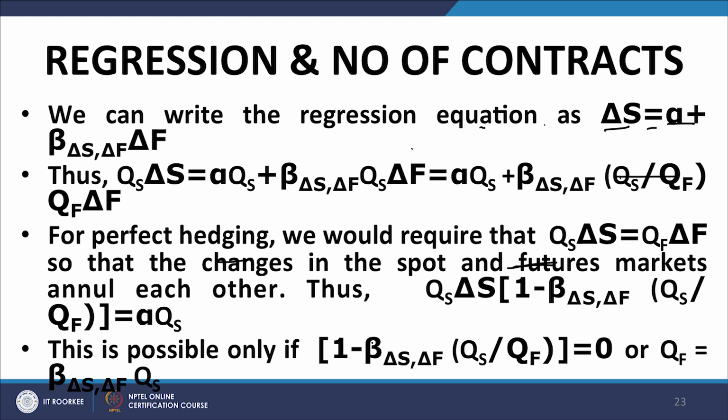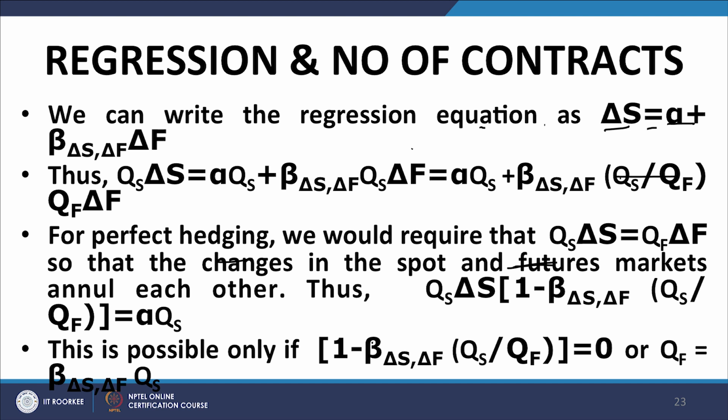If these two are equal, I substitute this expression by QS delta S and take it to the left hand side. So, what do I get? I get QS delta S into 1 minus beta QS upon QF is equal to alpha QS.